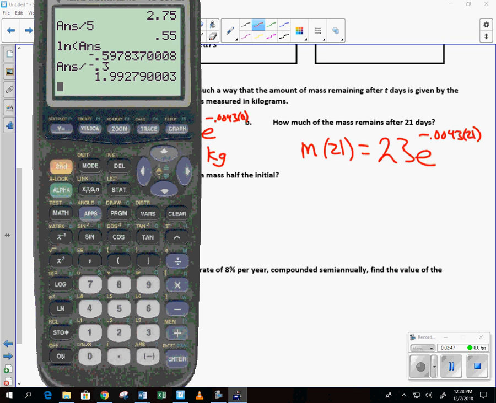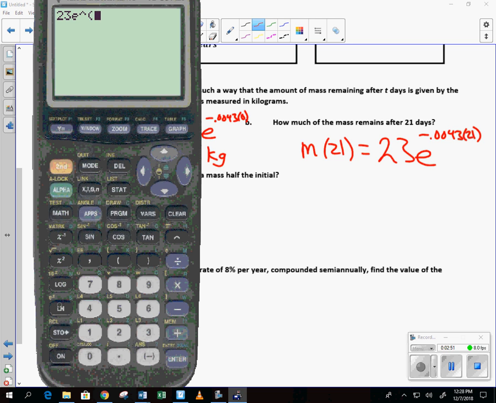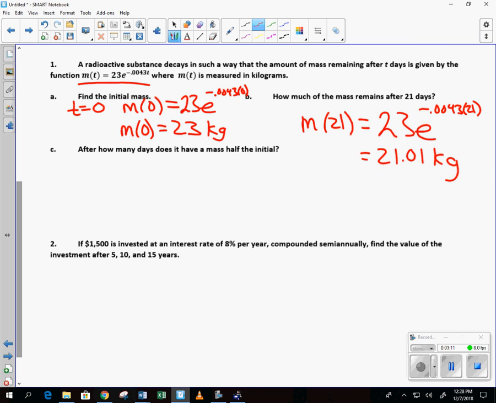A lot of people can't remember where to find E. We would just go second natural log, and it'll take E to an exponent for you. Negative 0.0043 times 21. I get 21.01. Easy enough for everybody to do so far?